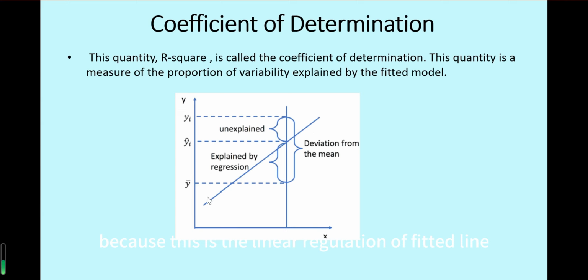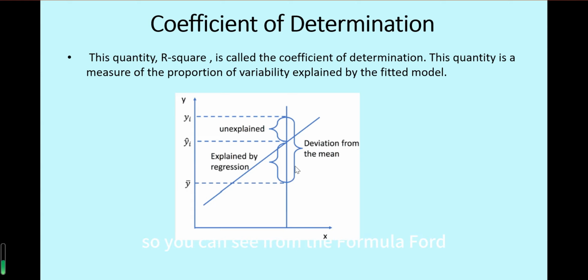For a given x, this y value is y hat, the fitted y value. So observation minus this y hat is the error term. And observation minus this y bar is the deviation from the mean.